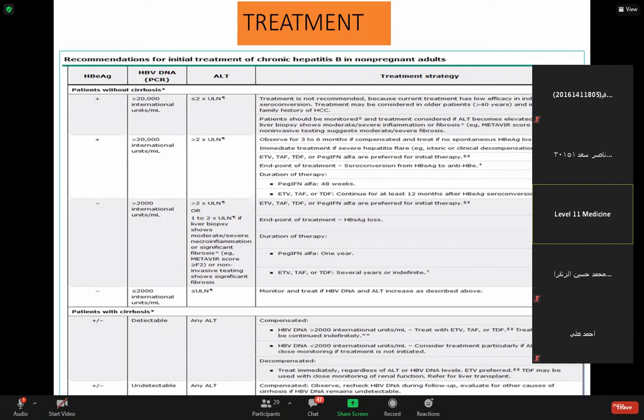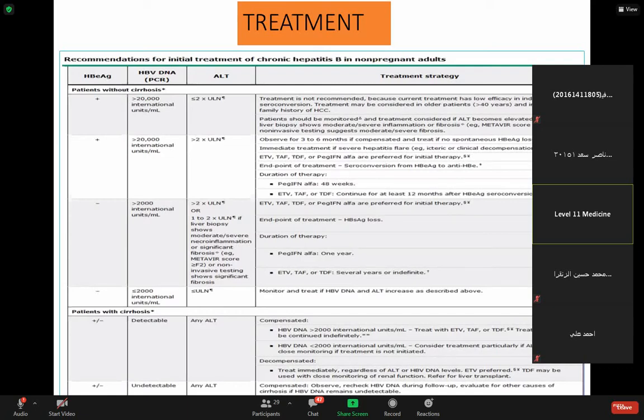Try to understand, for example, that the viral burden, the PCR, is a factor to be considered when to treat a patient, okay? So it depends on the numbers. Also, the ALT is our marker when it comes to the liver enzymes in the treatment of hepatitis B, okay?